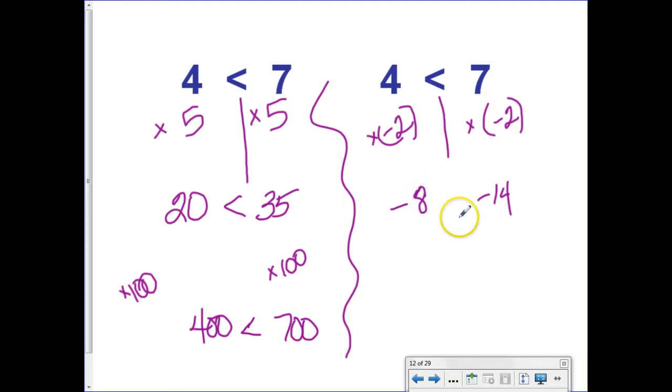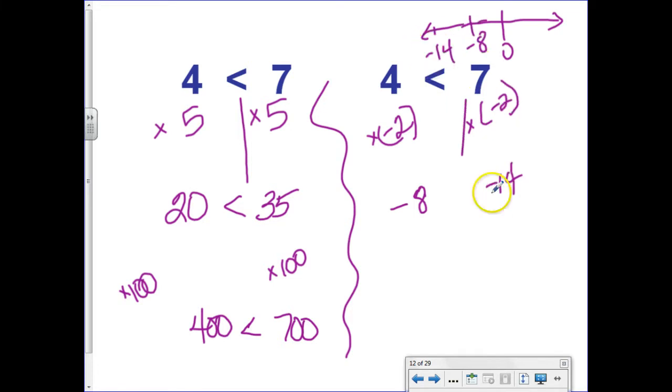Something went a little kaflooey, because when I look at a regular number line, I know that as I go into negative land here, negative 8 would occur here, and then I'd go further down the line, and negative 14's down here. And actually, negative 14 is less than negative 8.